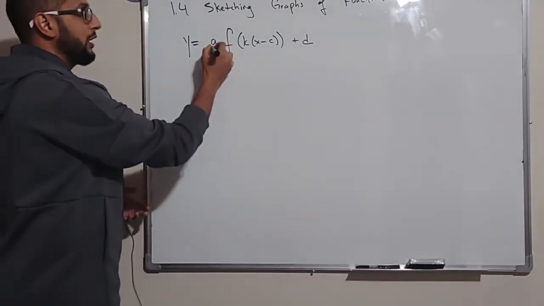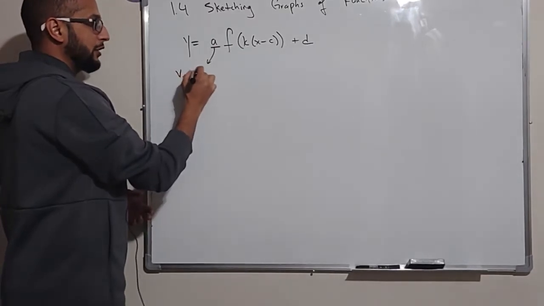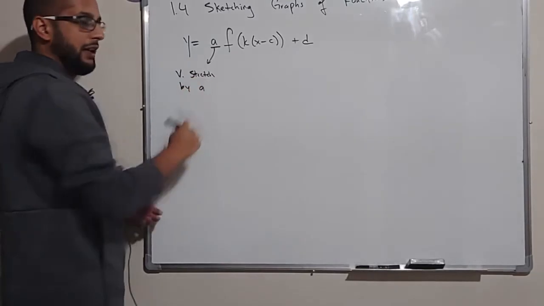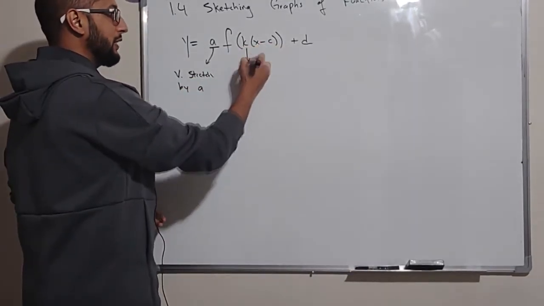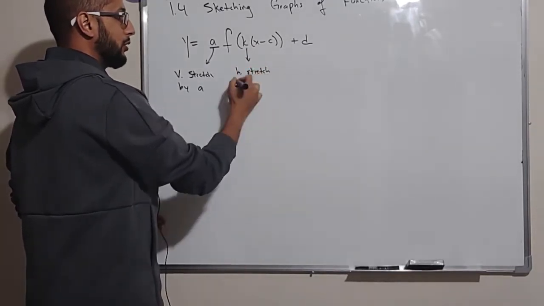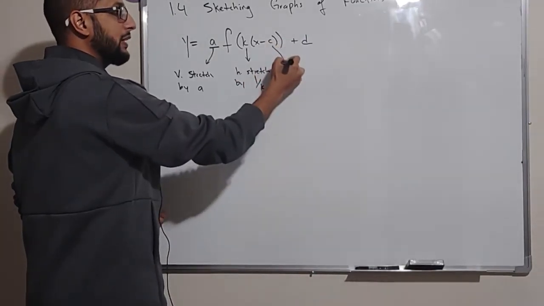Reviewing some of those, there's A, which is outside the function. This is a vertical stretch by A. K, which is inside the function. This is a horizontal stretch by 1 over K. C is also inside the function.